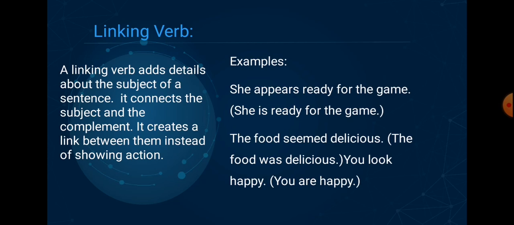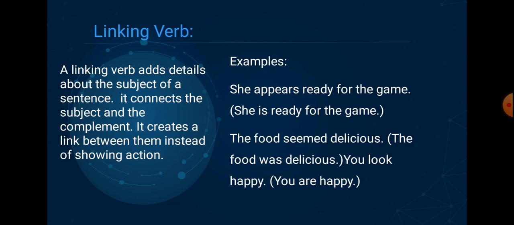Other examples, apart from be verbs (am, is, are, was), are some verbs that are used as linking verbs and also as actual verbs. For example, she appears ready for the game.